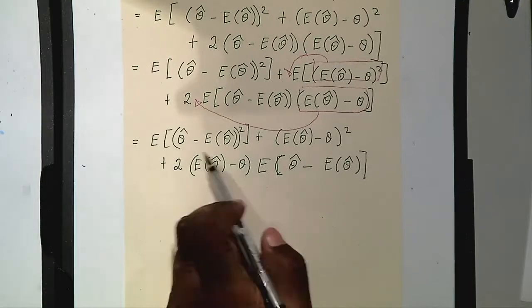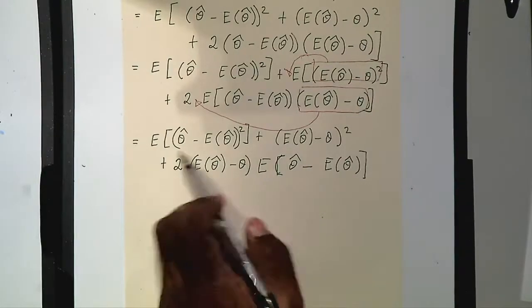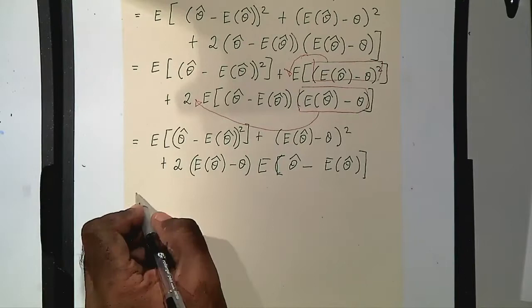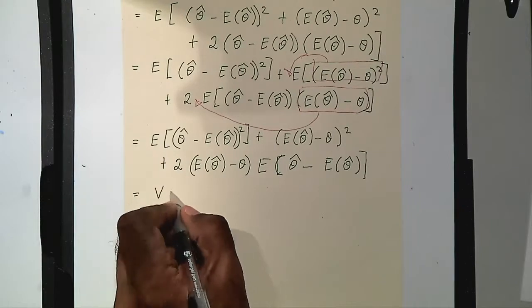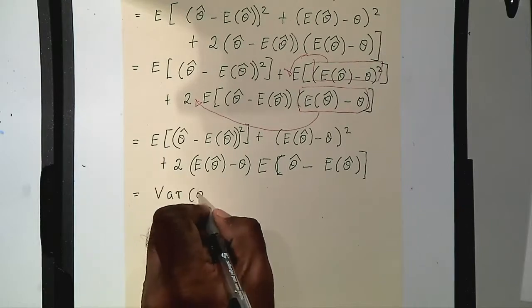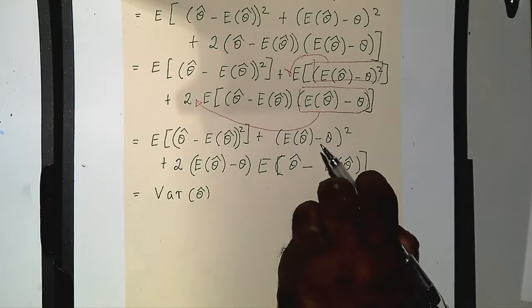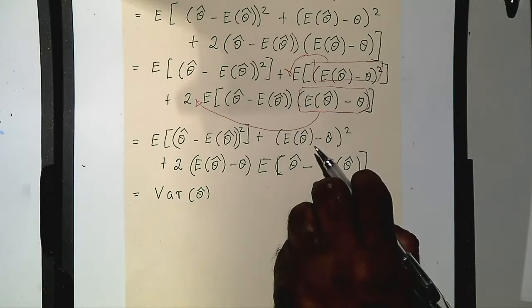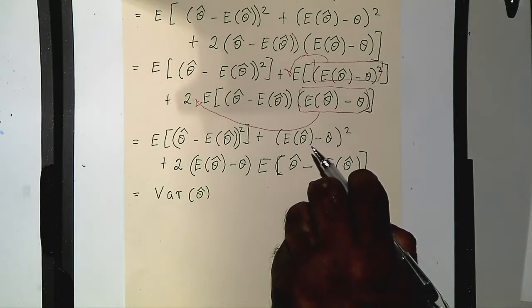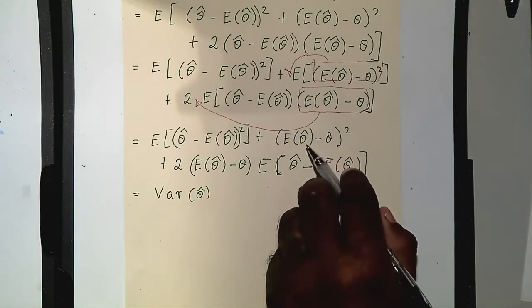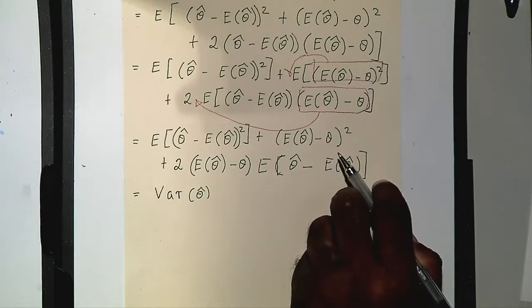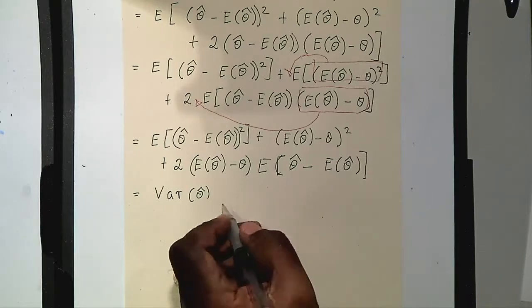Right. Now, what do you know about the first term? It is the variance of theta hat. Now, what do you know about the second term? I just told you a minute ago. What is the expectation of theta hat minus theta?